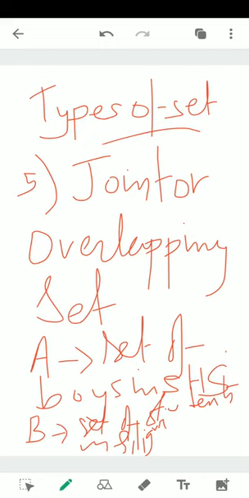If you know the set of boys in SHS, they will have some common elements that will also be in the set of students in Siliguri, right? So I can say that some of the elements in A will belong in B as well. So I can say that these two sets are joint or overlapping sets. Whenever we are discussing joint or overlapping sets, we are discussing two sets. Remember that.